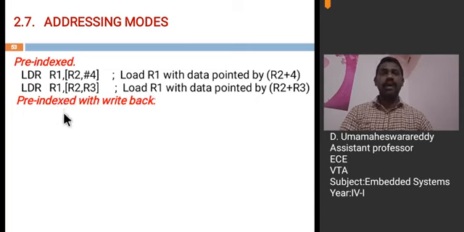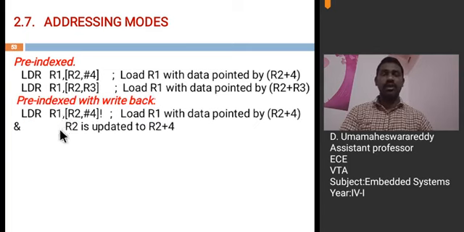Next one, pre-indexed with write back. In this, it is pre-indexed and with write back also. LDR R1, [R2, #4]! This mark, the exclamation, represents the write back. See here what happens. Load R1 with data pointed by R2 plus 4.